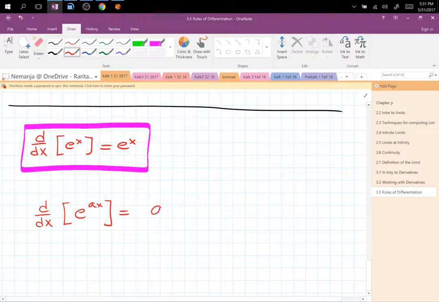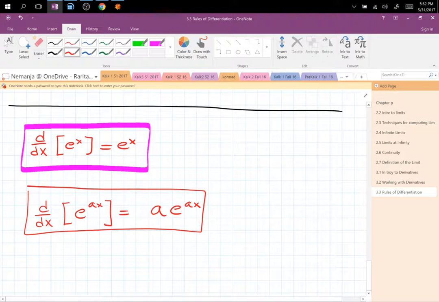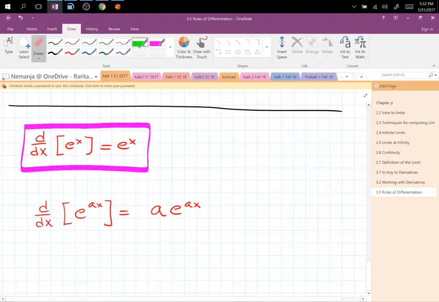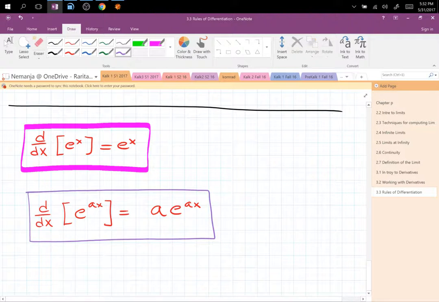So the derivative of this is a e to the ax. And I'm not going to box this in a big rectangle because, as I said, we are going to revisit this formula and learn a better way of dealing with it than just memorizing this. So that's the exponential. Now we are going to upgrade this particular formula 2 times from here. But let's have this basic form.